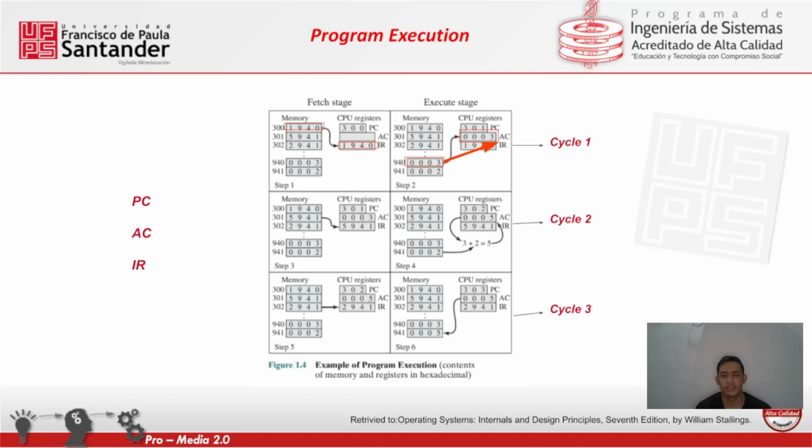The process is divided into three instructions, each with a fetch stage and an execution stage. This process involves the utilization of internal CPU registers such as the instruction register IR, the accumulator AC, the memory address register MAR, and the memory buffer register MBR.